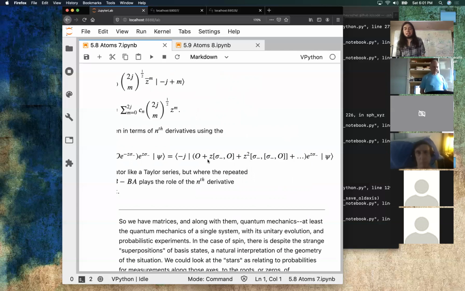If you're familiar with this kind of thing, it's basically like a Taylor expansion, but where the derivatives are replaced by repeated commutators with the operator and sigma minus.